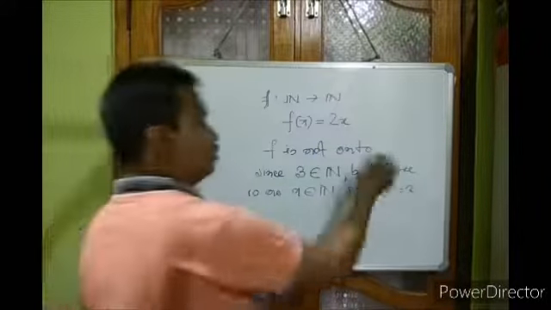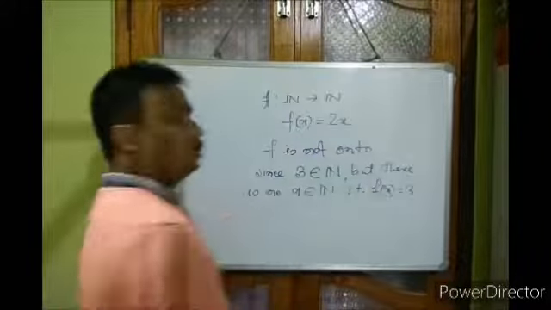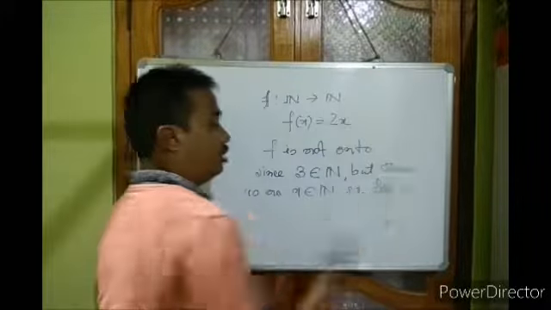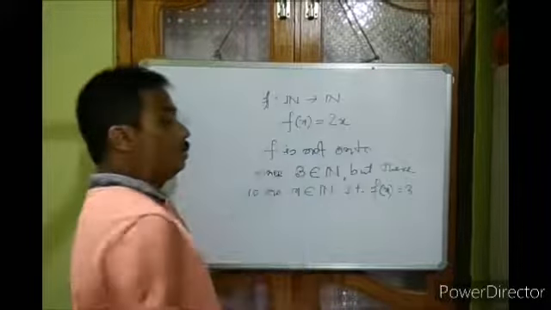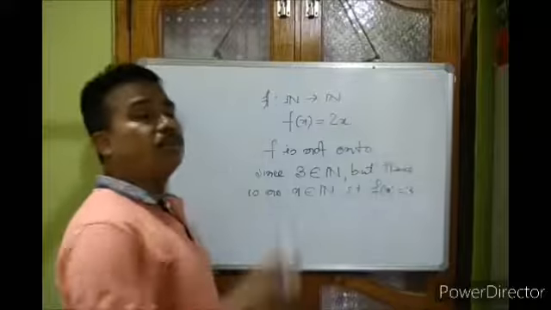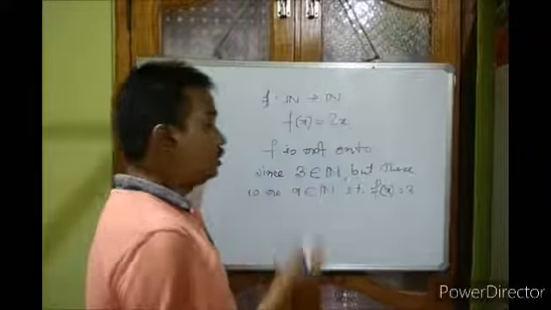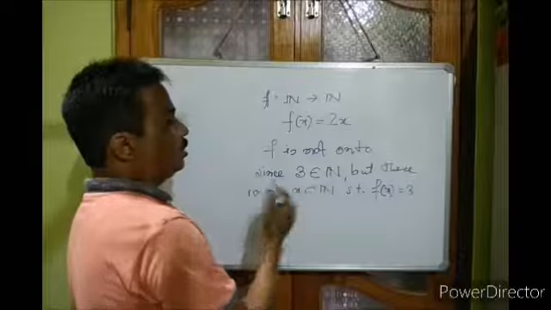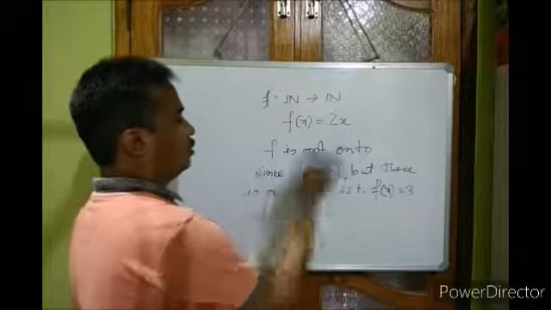For f(x) to be equal to 3, twice x must be equal to 3. If twice x is 3, then x must be equal to 3 by 2. But 3 by 2 is no more a natural number. So that's why this function is not onto.